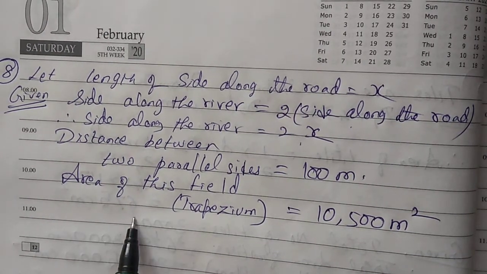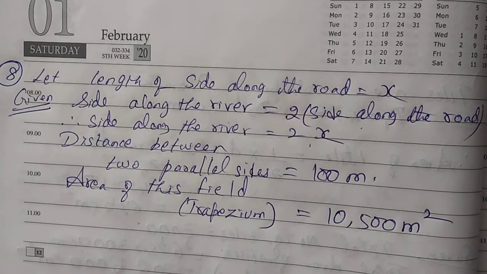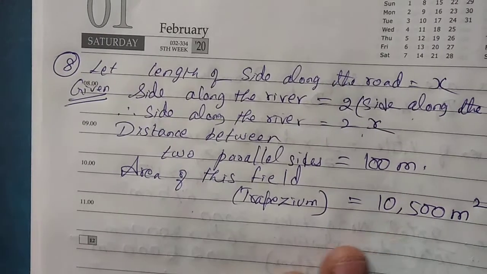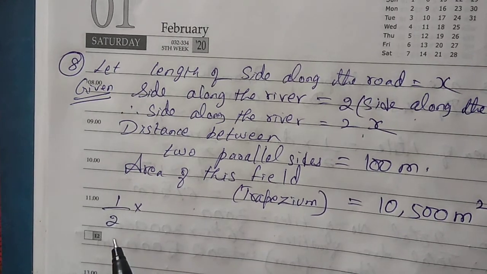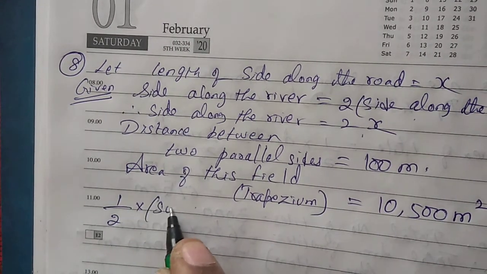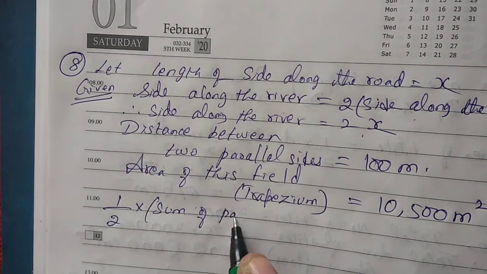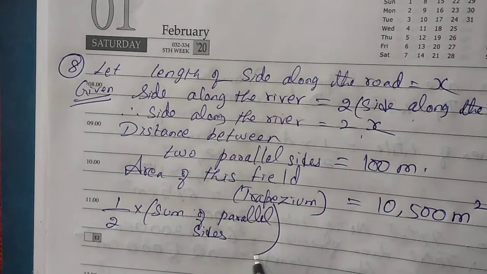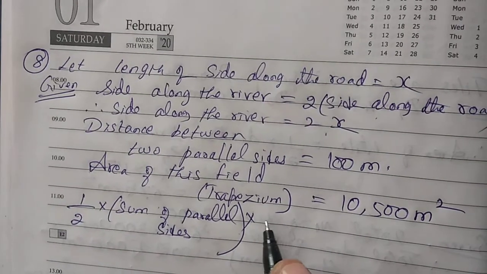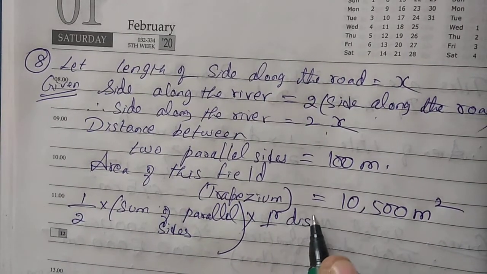Now we will write what is area of this trapezium field formula. So area of trapezium formula is half into sum of parallel sides multiplied by perpendicular distance between parallel side. This is the formula.